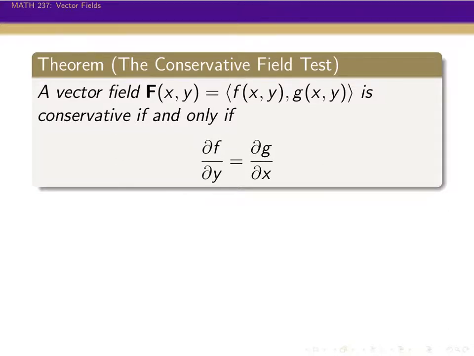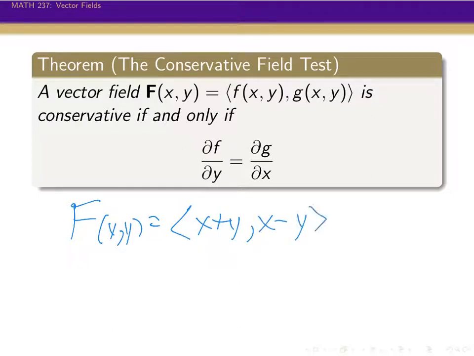So you take the x component function, the f here, you take the partial in terms of y. You take the g component function, partial of g, and then you take its partial in terms of x, right? So if we go back and think about the vector field we've been looking at, x plus y, x minus y, this is my f, this is my g.